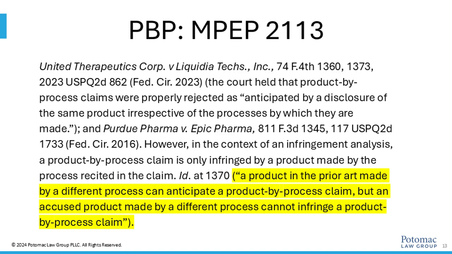It can be anticipated by a prior art that essentially provides or results in the same product, even if they don't disclose the same steps, even if they use a different method. That's the law. It stands for anticipation or obviousness, essentially regarding patentability.